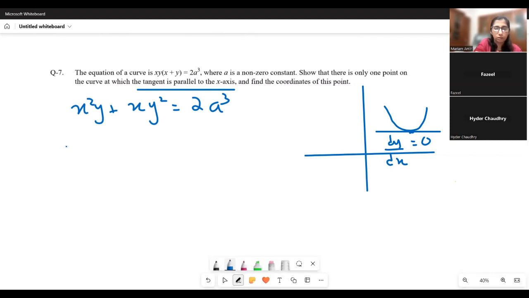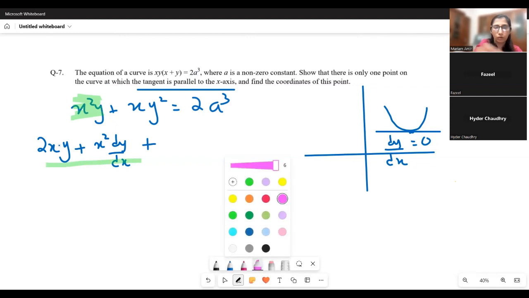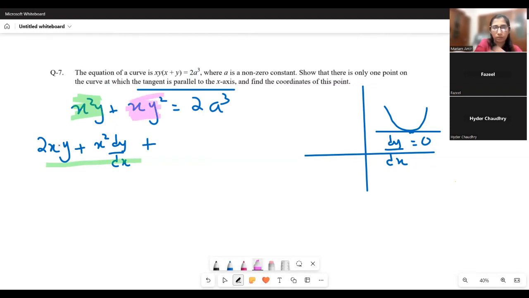So it's an implicit equation. Derivative of x square y, you have to use product rule. So 2x times y plus x square dy over dx, plus the derivative of xy square.